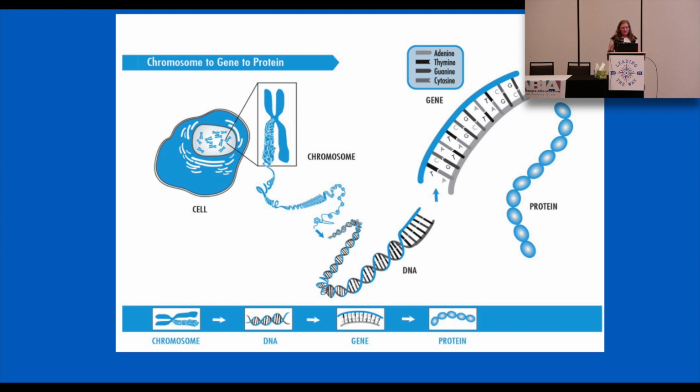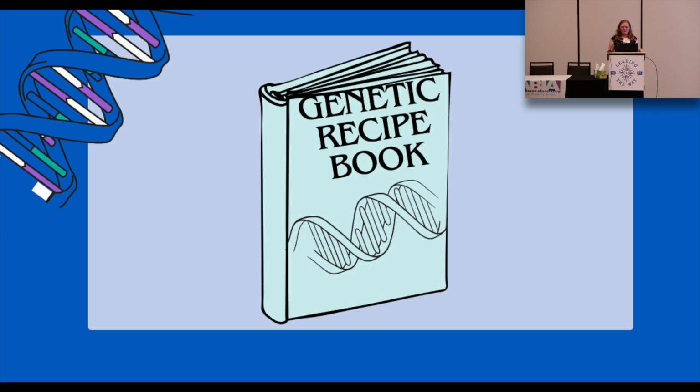In order to make this a little more understandable for people who don't necessarily have a scientific background, or it's been a long time since they learned this in school, I like to use an analogy called the genetic recipe book. It's like a giant recipe book that contains the instructions our body needs to grow, develop, and function.